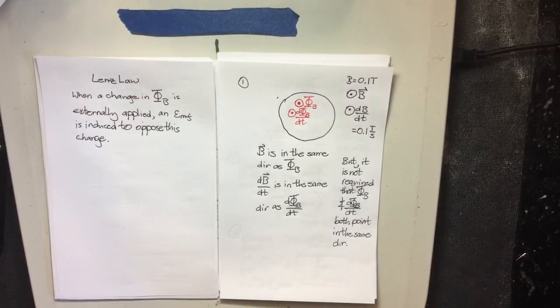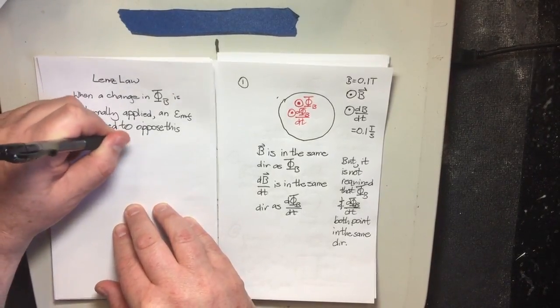When a change in magnetic flux is externally applied, an electromotive force is induced to oppose this change. This is how the current is created.